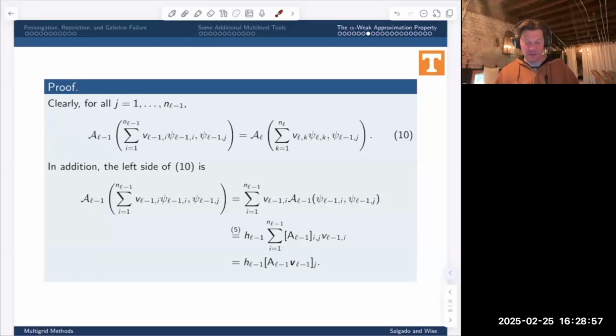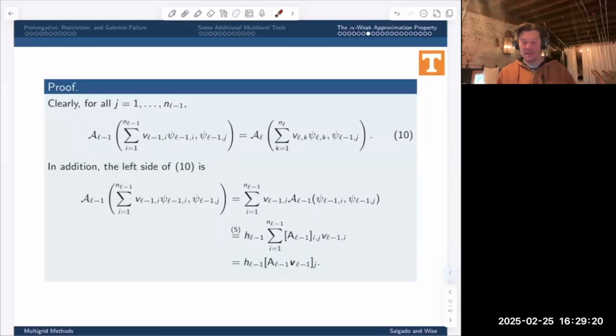So how would we go about a proof for this? By definition, we can take our coordinates and put those in the definition for the coarse grid Ritz projection operation. Remember, the coordinates of this object VL are just the coordinates of the vector VL.